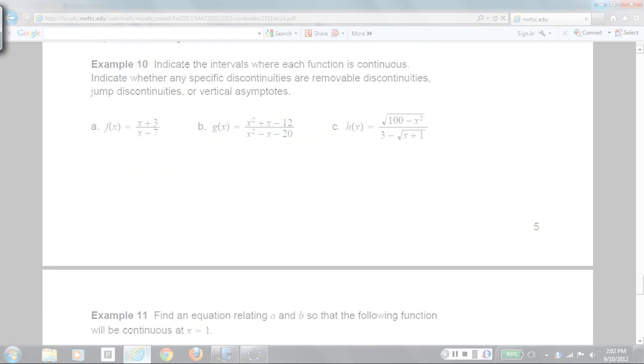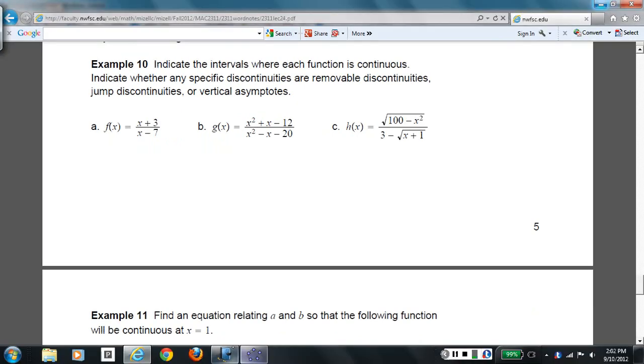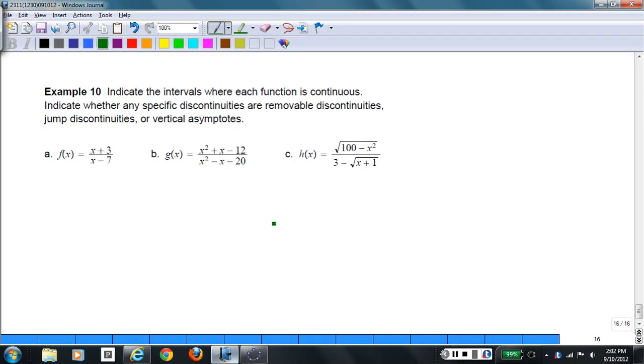Example 10, maybe time for this one. In 10a, we've got a rational function. It's continuous everywhere except where? It's not continuous at 7. Anybody know what's going on at 7? Let's take our time with this and consider the graph.